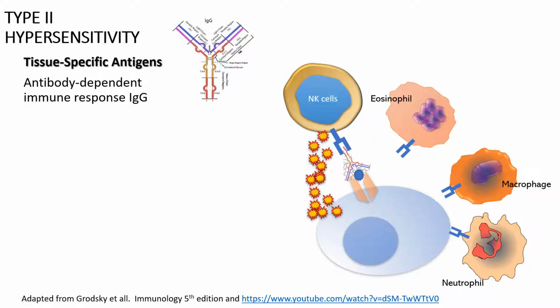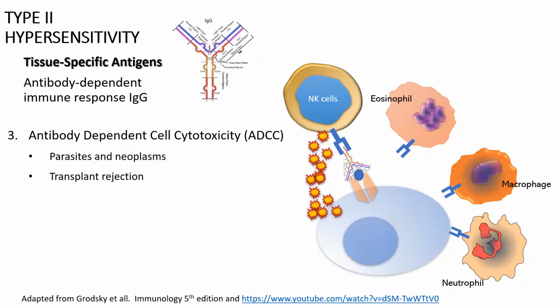This particular reaction is relatively common because IgG is a very prominent antibody that we could produce against either drugs or allergens after a first exposure, especially in this type 2 hypersensitivity. And this is the way that we normally deal, for instance, with intracellular parasites or with neoplasms.